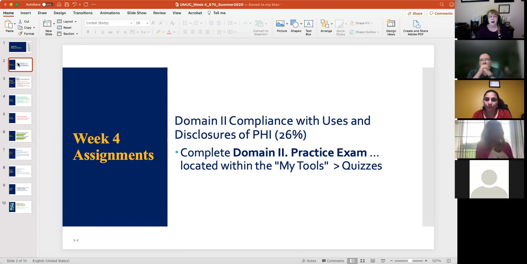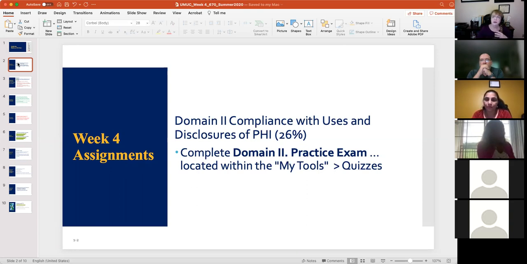Use has to do with the use of protected health information within the same facility, whether it's doctor to nurse or billing or whatever within the same facility. When you're talking about a patient and any of their particulars, it is called use.